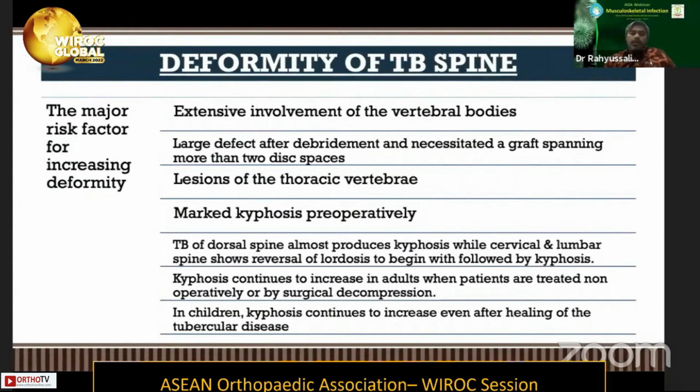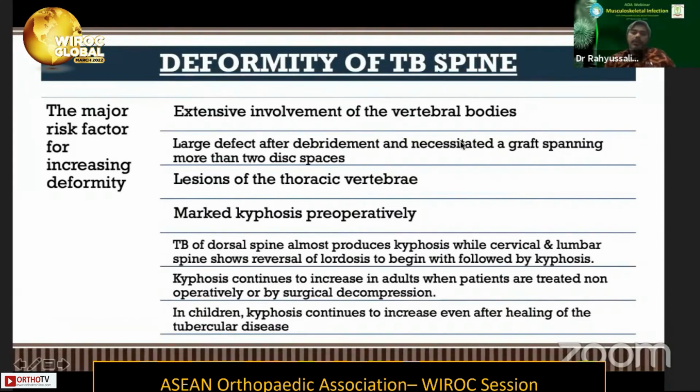So if we do spinal instrumentation, the implant will fail. We have 25% of cases with this extensive involvement of the vertebral body.